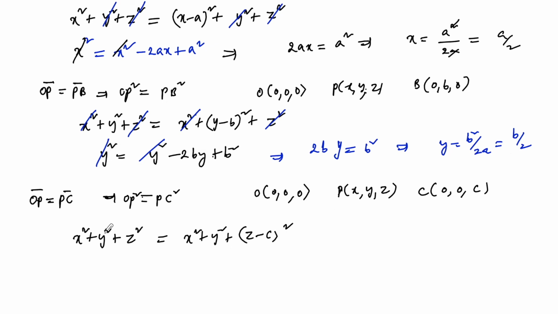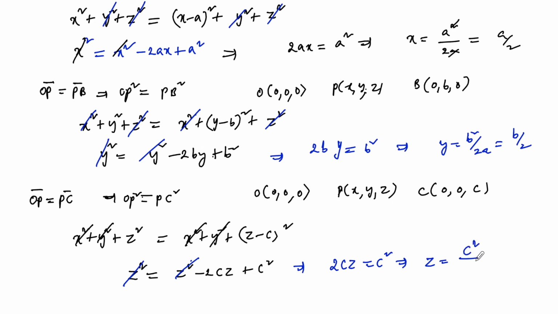So as usual we can cancel here x square and y square with the same sign on both sides. So z square is equal to z square minus 2cz plus c square. Again we can cancel z square and z square. So we have 2cz is equal to c square, or we can write z is equal to c square upon 2c, which is c upon 2.